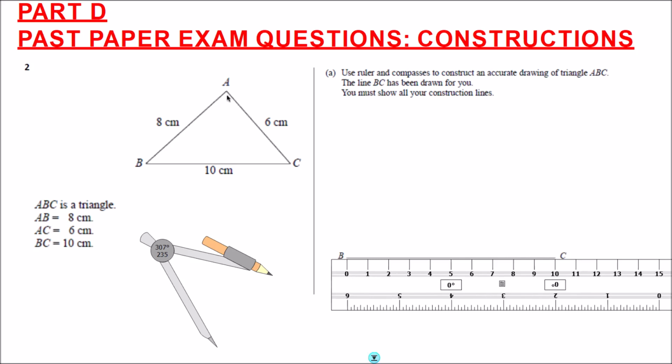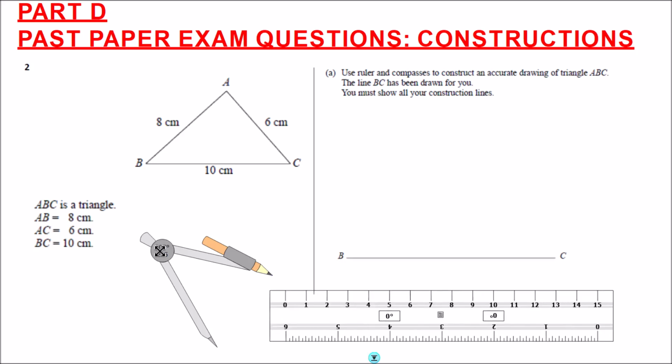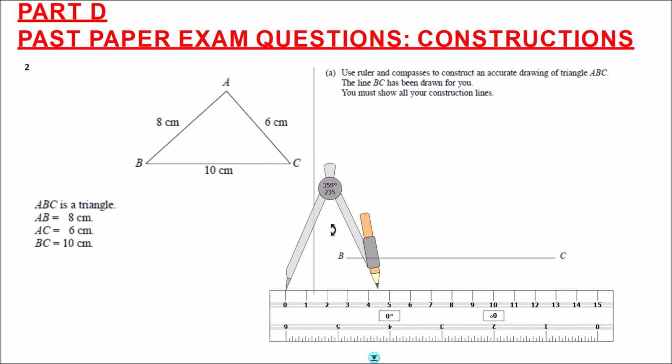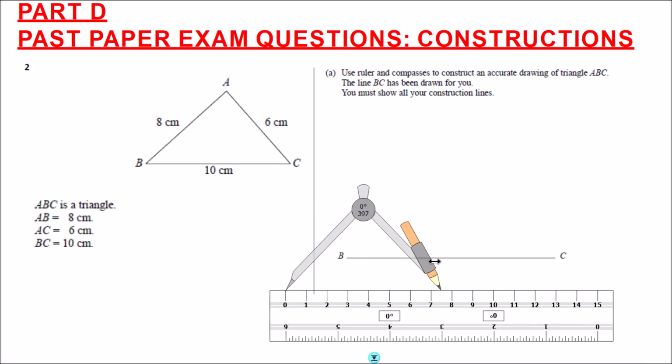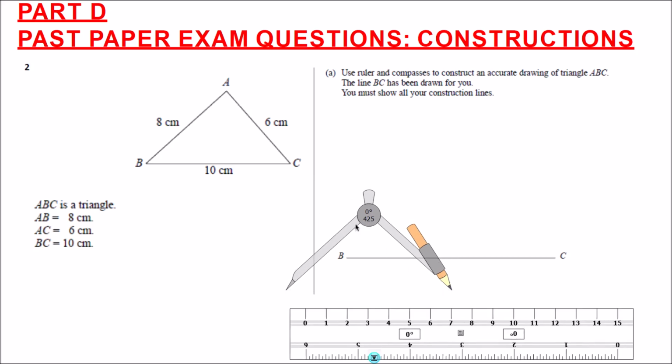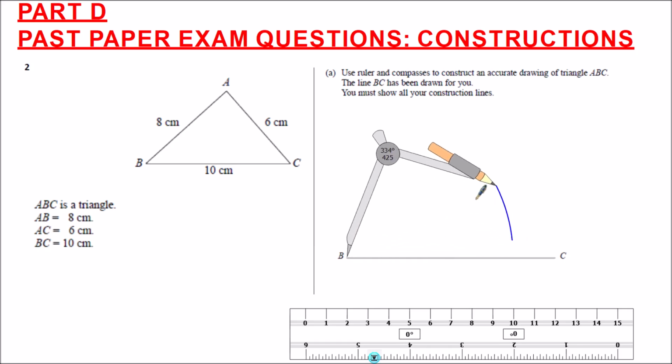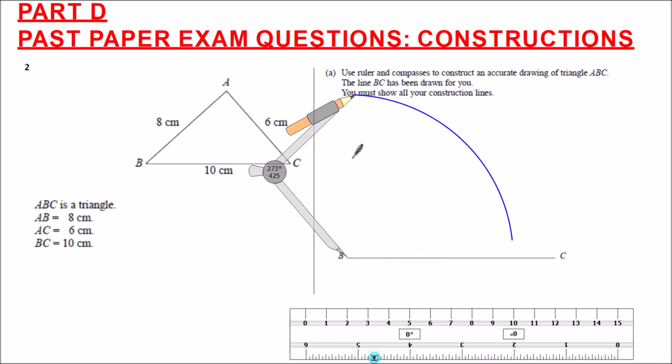But the point A is 8 centimeters from B, and so what we're going to do is set our compass width to 8 centimeters, like so, and we're now going to measure by putting on the compass needle at B. I'm going to draw in all the points which are exactly 8 centimeters away from B. So all the points 8 centimeters away from B will be on this blue line here.